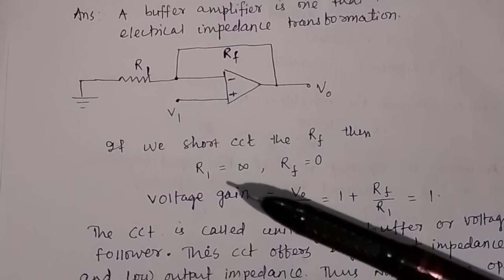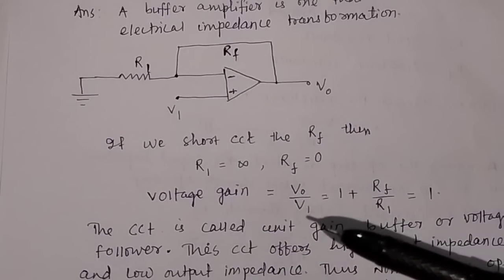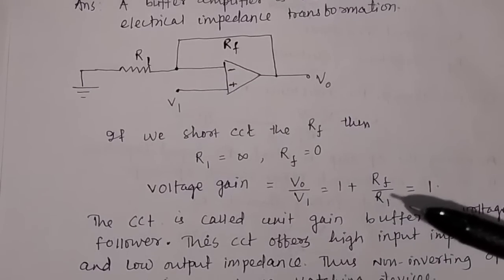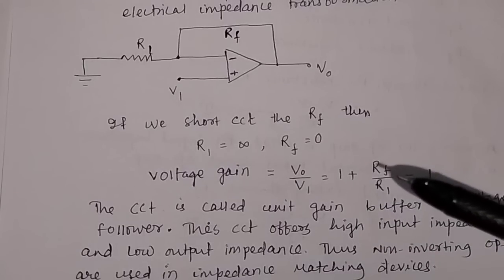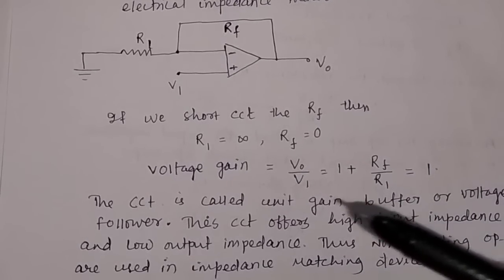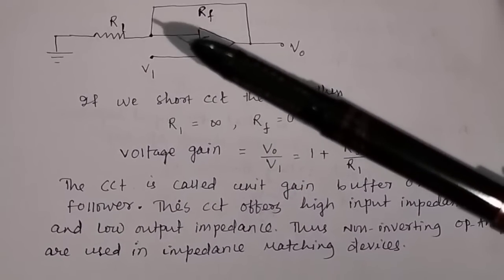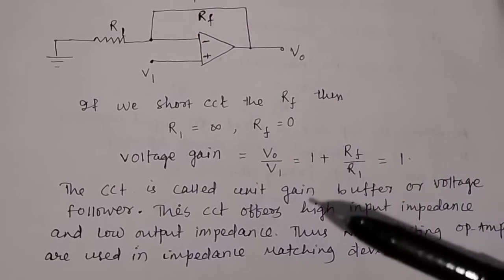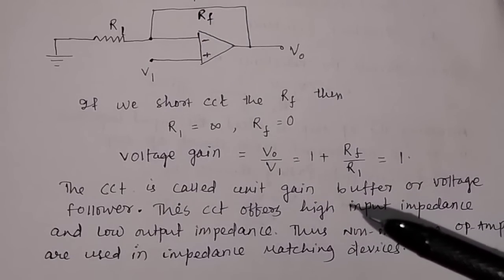So the voltage gain will be equal to output voltage divided by input voltage, that is equal to 1 plus Rf divided by R1. We have reduced it, so 0 divided by infinity, so that will be equal to 1. So the circuit is called a unit gain buffer. If you short circuit this one, then the gain will be unity. So it is called a unit gain buffer.